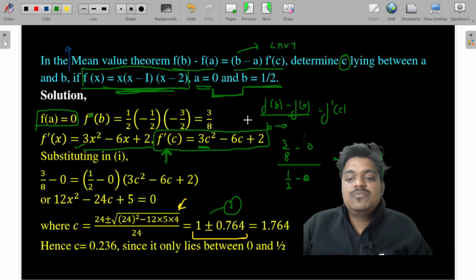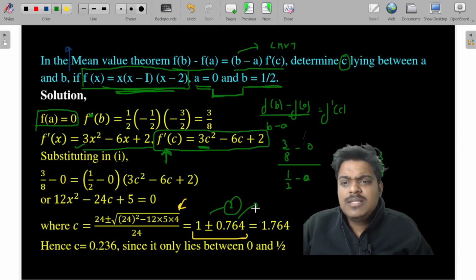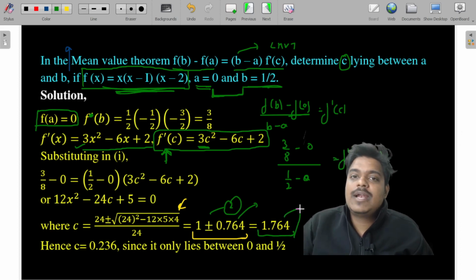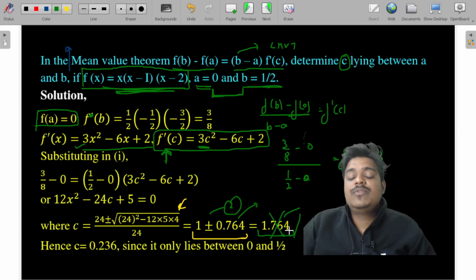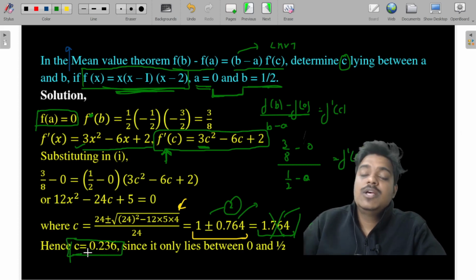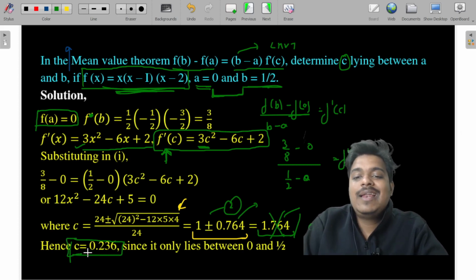If it is 1 minus 0.764, this will be equal to 0.236. The other value, 1.764, is not in our range, so we will not consider it. The only value we are going to consider is 0.236.